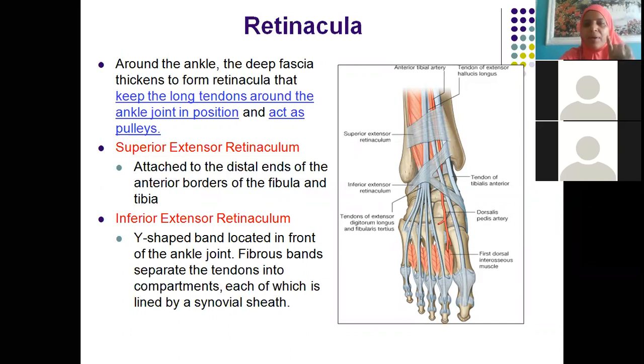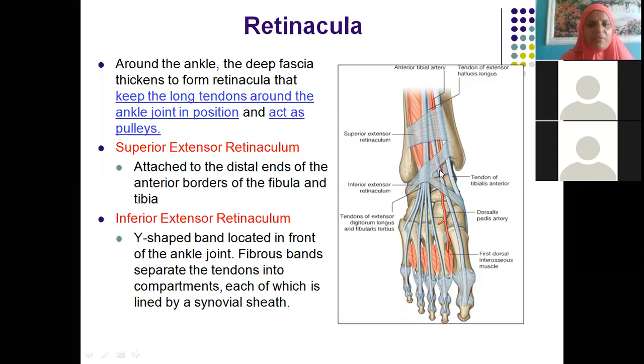The tendons of tibialis anterior, extensor hallucis longus, then anterior tibial artery, deep peroneal nerve, extensor digitorum longus. Then what else we have? Peroneus tertius, it's also written as fibularis tertius. Both the names are the same. Some authors have used the word fibularis, but most Indian authors have used peroneus tertius. So these were the attachments of superior extensor retinaculum.